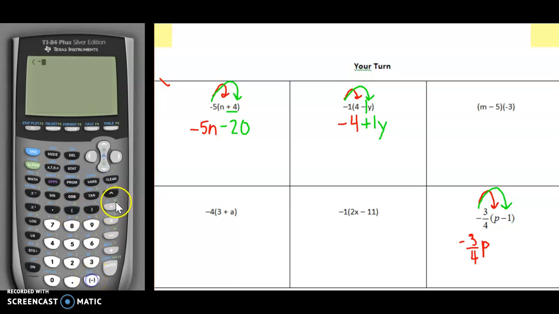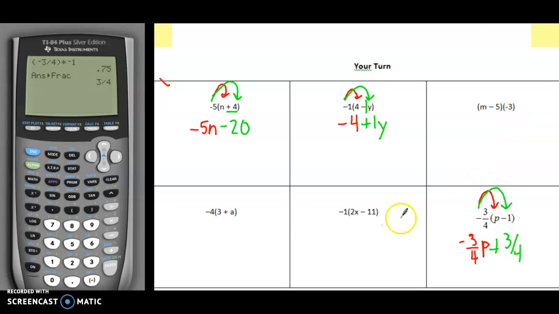So we have parentheses around fractions, if you remember that, guys. And we're going to multiply it by -1. Now I do get a decimal answer. And I've always said to you, if you have fractions in the problem, you should keep the form true to the problem. So using that math button, turning it back, you get a +3/4. So again, I'm just going to add that onto my expression.